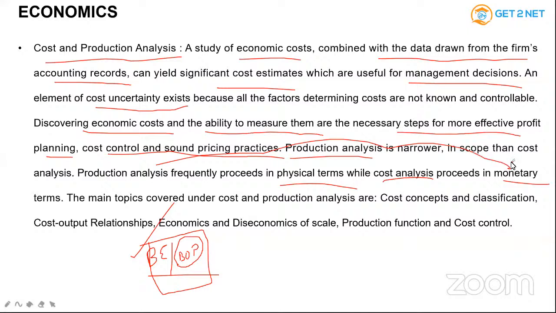So it's a broader concept. So what are the topics covered under cost and production analysis? The different cost concepts and classifications, the cost-output relationships, economies and diseconomies of scale, production cost, and cost control. So when we are talking about the scope of business economics, the second point is cost and production analysis.